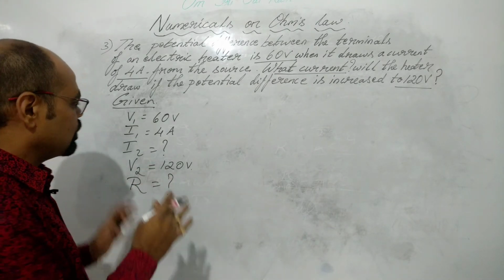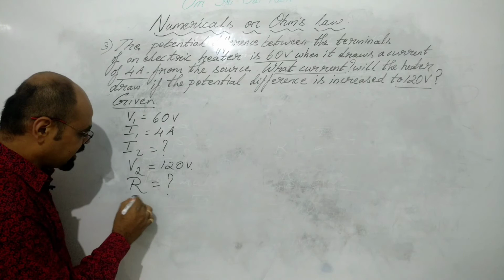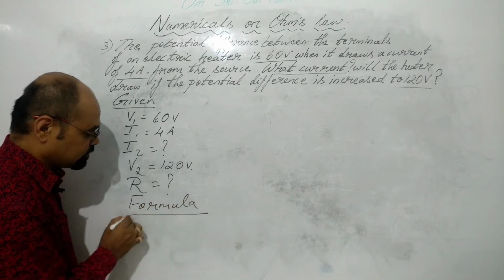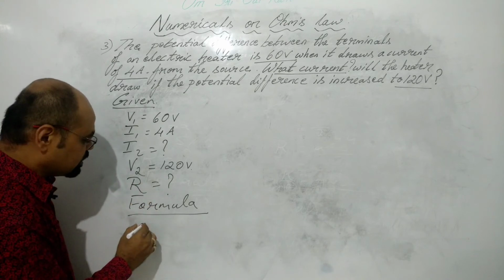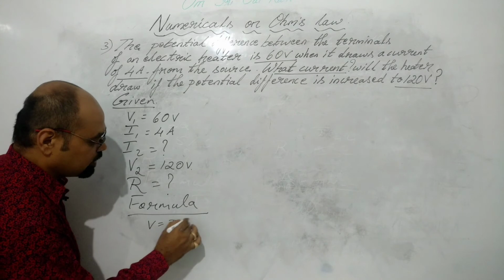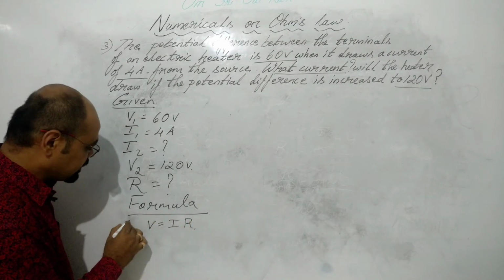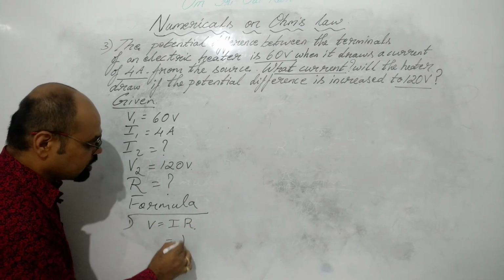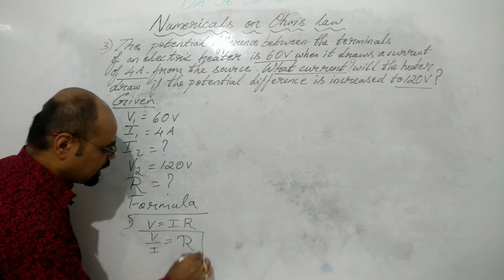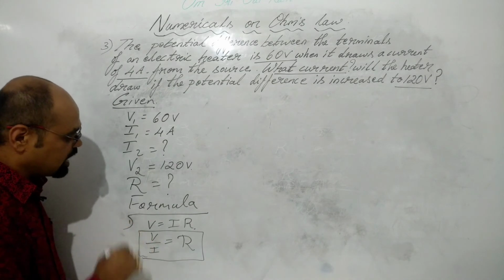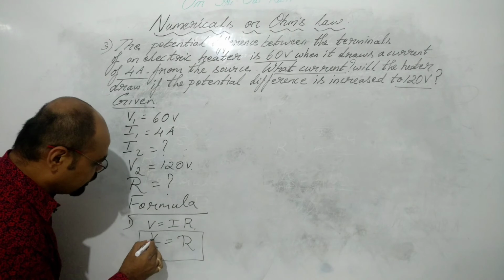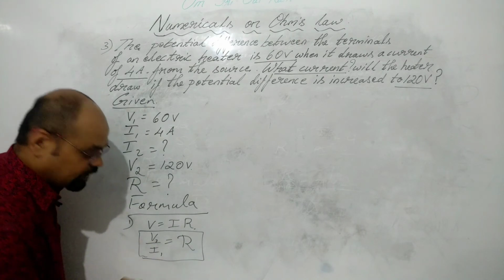Now we need formulas. First we have to find the resistance. Always we have to find the resistance first. We need V is equal to IR as the formula. To find the resistance, we use R is equal to V by I. This is the first formula. Here V and I are given, so we take V1 and I1.